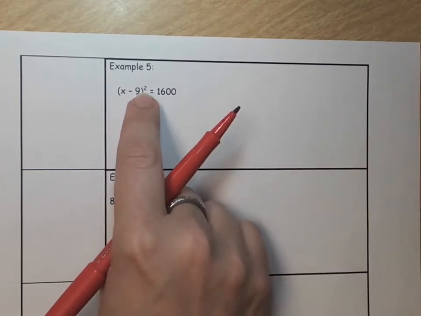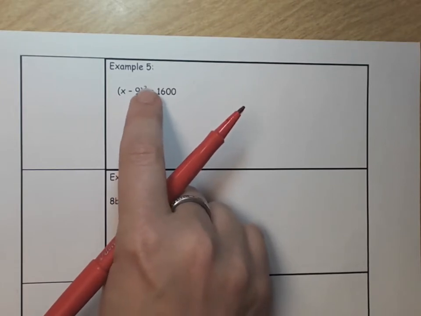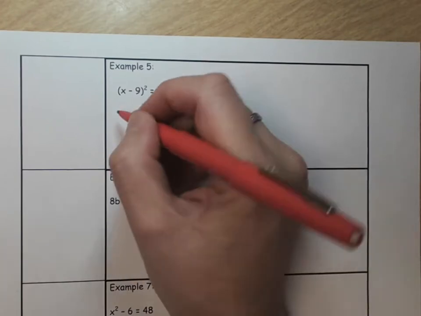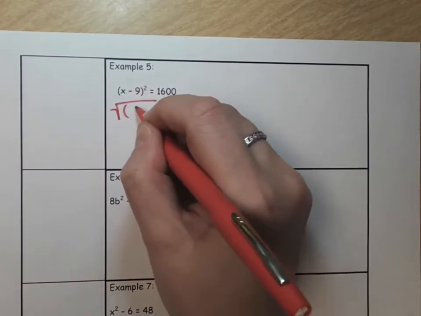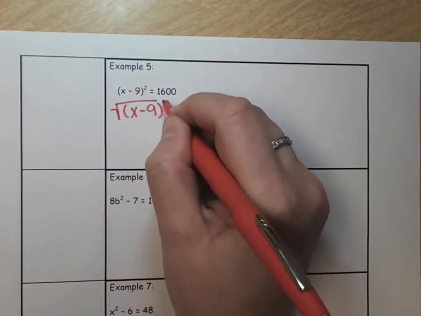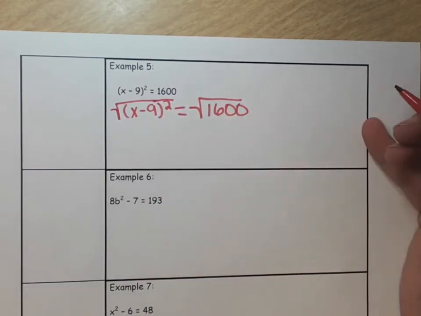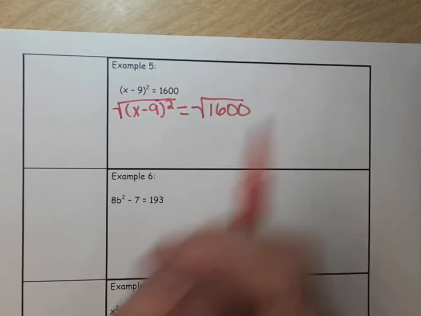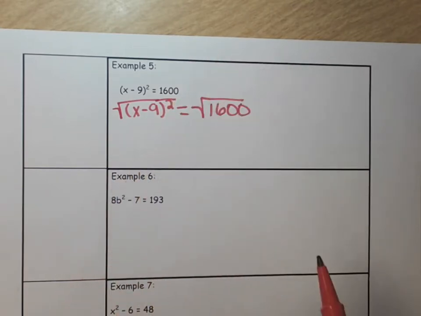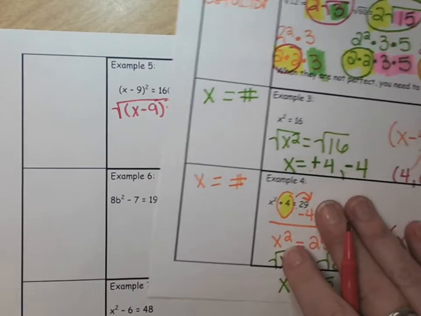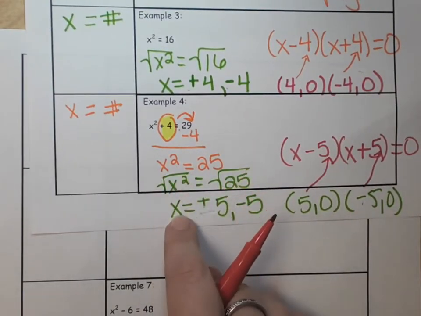This one has a squared on the outside. So again, we want the numbers on one side, but I have to get rid of that parenthesis. So what I'm going to do is I'm going to take the square root of that right now. And when I took the square root of the x squared here, it just gave me an x.